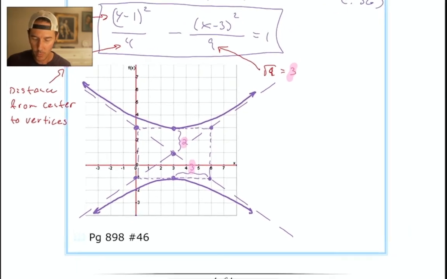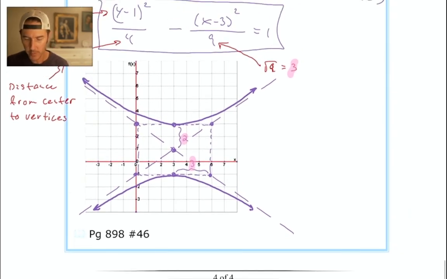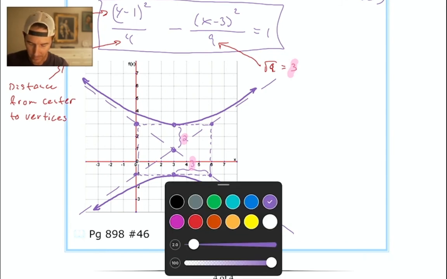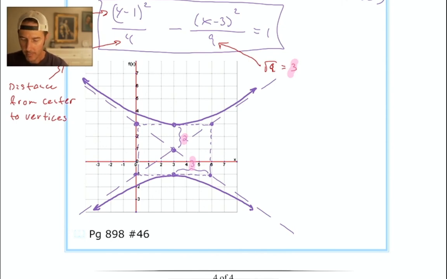Now, let's go one step further, because you will be asked to perform this task. I want to write the equations of the asymptotes. I want the equations of those dashed lines. Let's see, where can we fit that? Maybe over here. We'll talk about asymptotes.